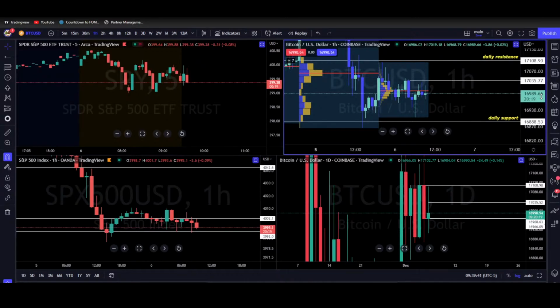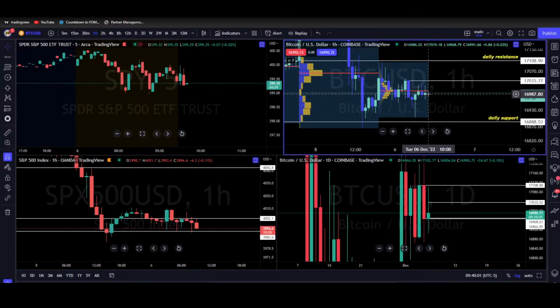Now, I know people are going to say that this is a very small move, because at least one person on Twitter was talking about how they don't see how anybody can make money trading in such tight, narrow ranges. There's this thing called leverage. And if you apply leverage the correct way, you do not need a big move in order to make money.